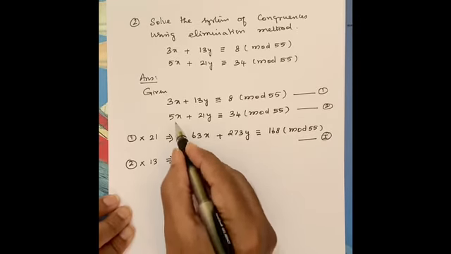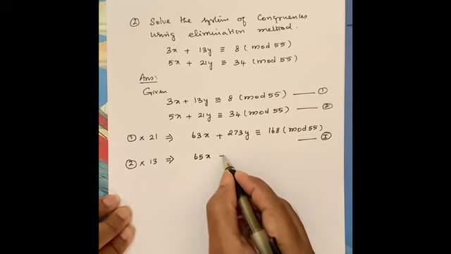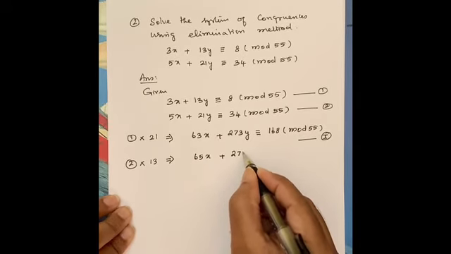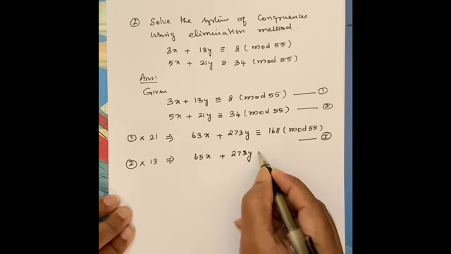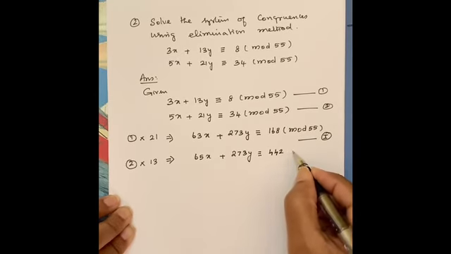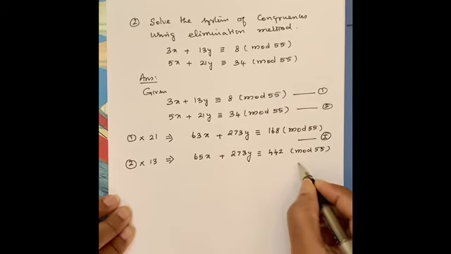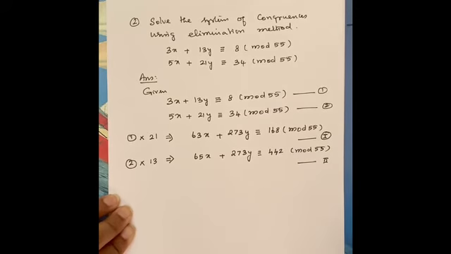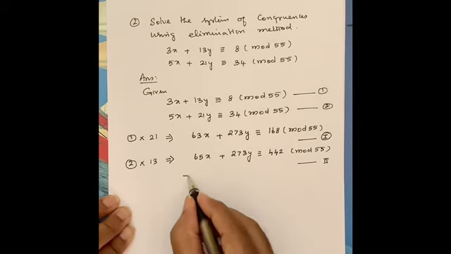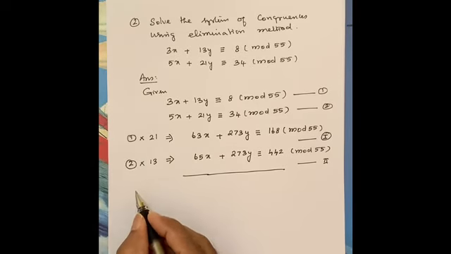This gives 5 times 13, it is 65, so 65x. 21 times 13, 273y congruent to 34 times 13, it is 442 modulo 55. It's the second equation. So what I am going to do now, first minus second or second minus first, anyone we can do. Second minus 1.